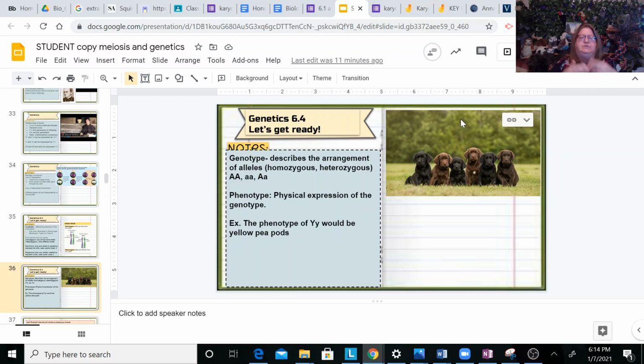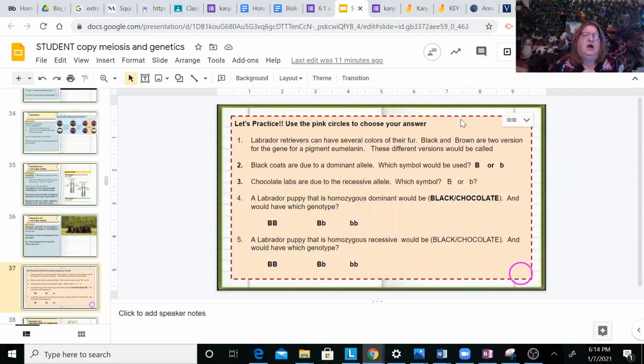So the phenotype is what we see or can examine. Genotype is the arrangement, whether or not we have big, little, big, big, or to be more proper, homozygous or heterozygous.